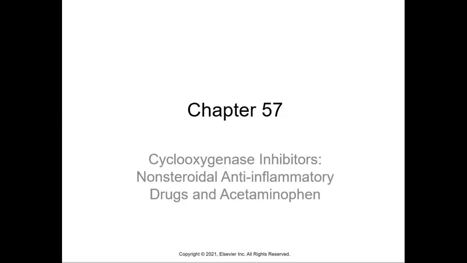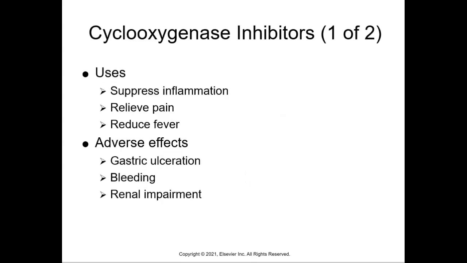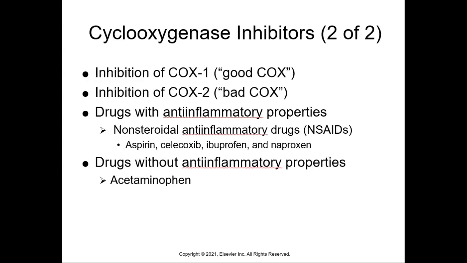Now let's talk about the drugs, the COX inhibitors. They fall into two major categories. There's one set that has anti-inflammatory properties, and then there's a set that doesn't have anti-inflammatory properties.